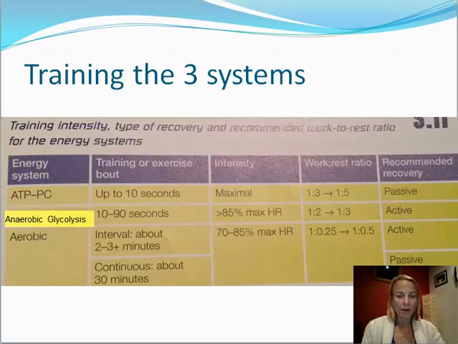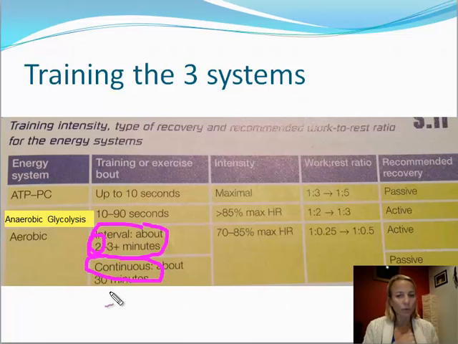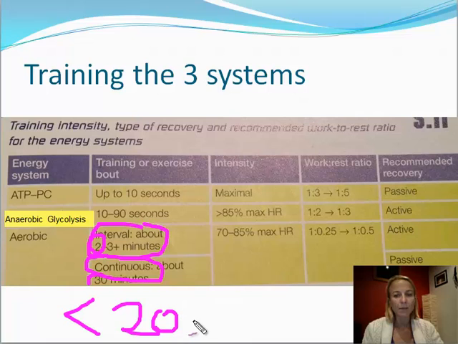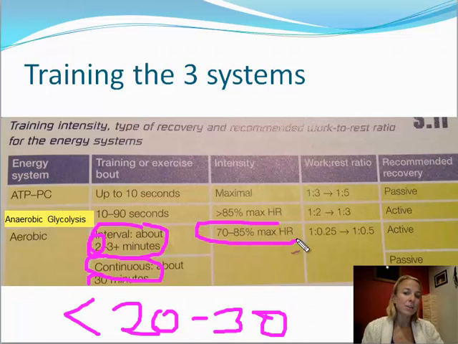So training the aerobic energy system, there are lots of ways to do that, mainly interval training again, and it's got to be over that 2 minutes because that's when you're predominantly working aerobically. And continuous training, so that's your constant running or cycling or swimming, and we need to do that for a minimum of at least 20 to 30 minutes.